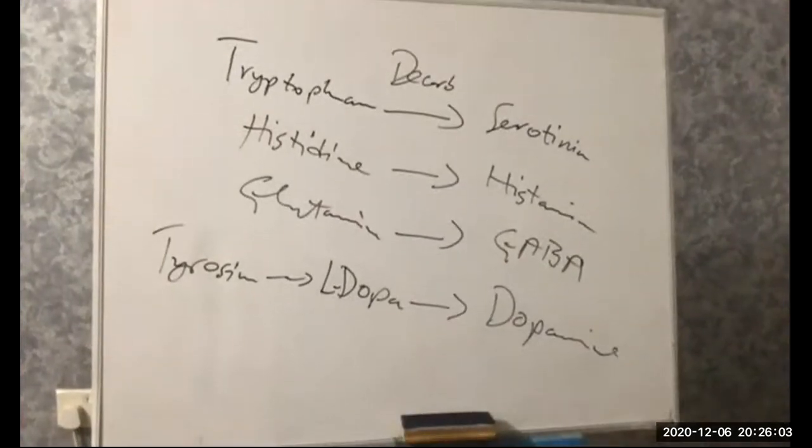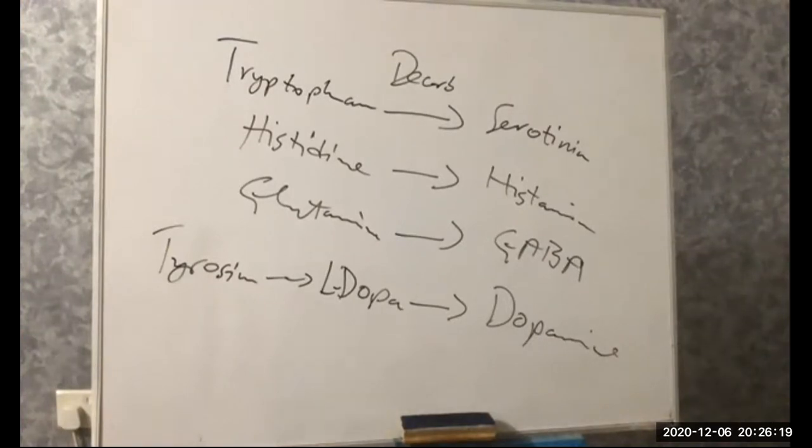So you need to know the amino acids, the decarboxylation process that they undergo, and what neurotransmitter they form, okay? For tyrosine, it doesn't undergo straight decarboxylation.